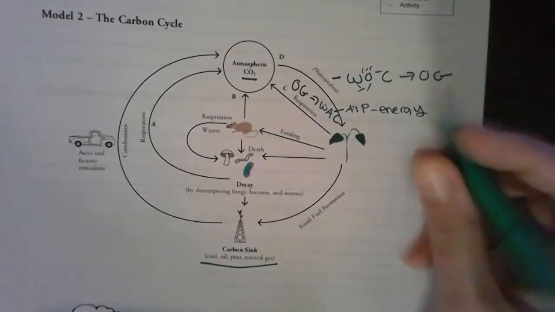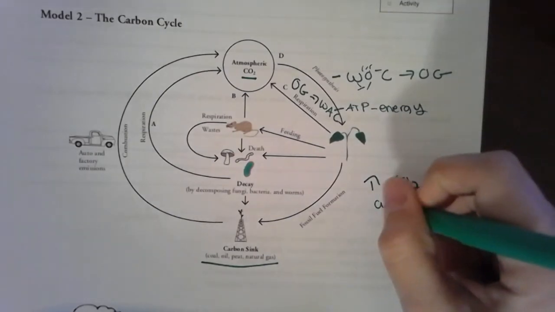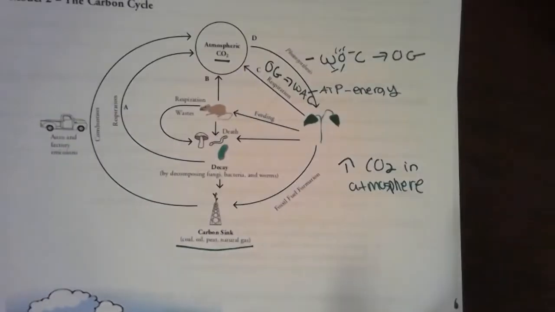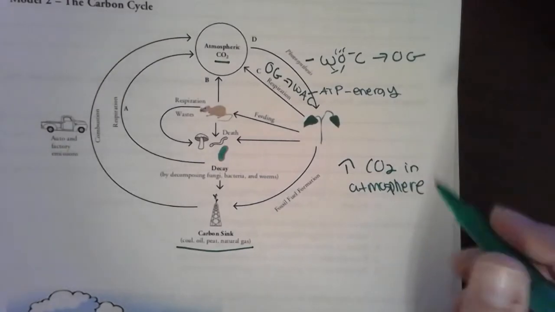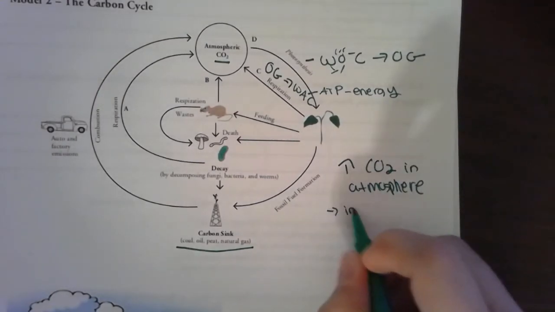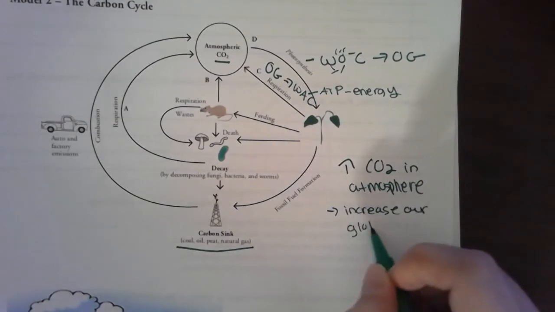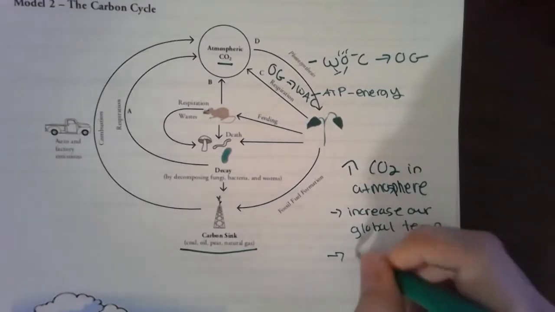When I increase the carbon dioxide in the atmosphere, I'm creating a blanket over our atmosphere, and that's going to increase our global temperature, which is going to contribute to climate change.